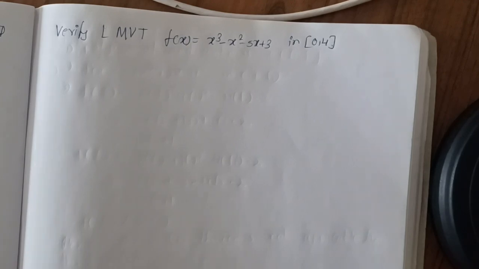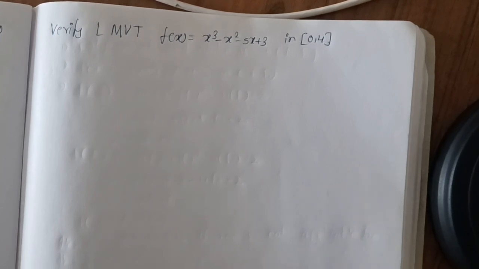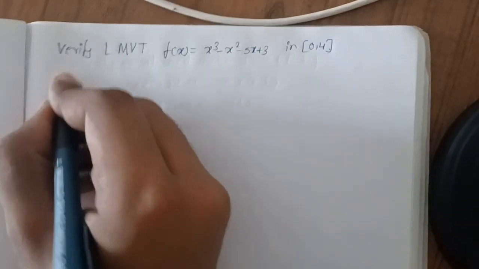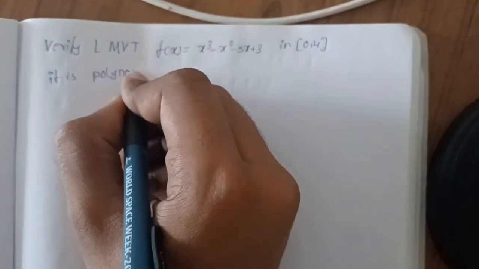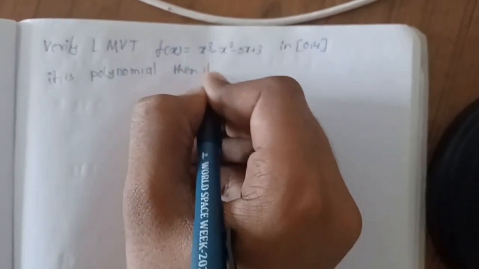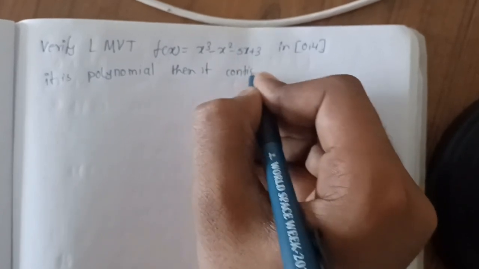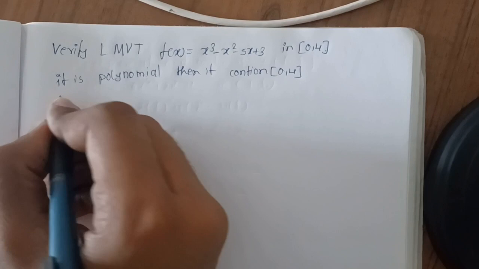Now here we can see the question: verify LMVT for f of x is equal to x cube minus x square minus 5x plus 3 in the closed interval 0 comma 4. The given function is a polynomial, so it is continuous in closed 0 comma 4.